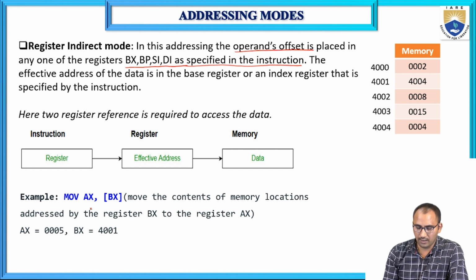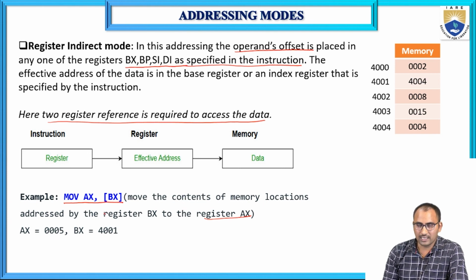You can see that two references are required to access the data. Example: MOV AX, [BX]. That means move the contents of the memory location addressed by the register BX to the register AX.